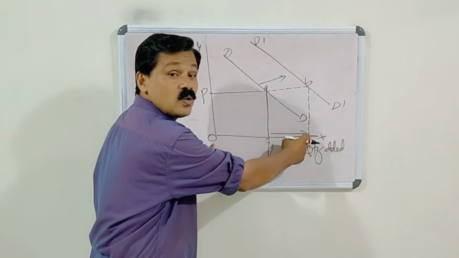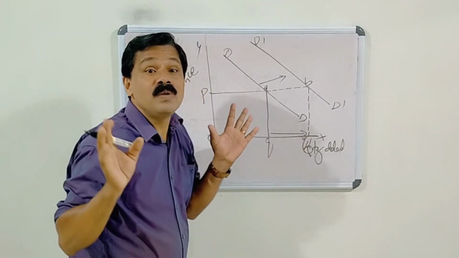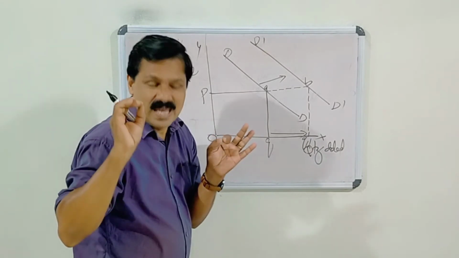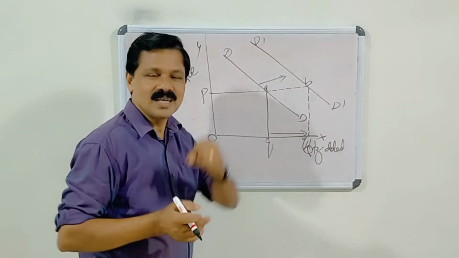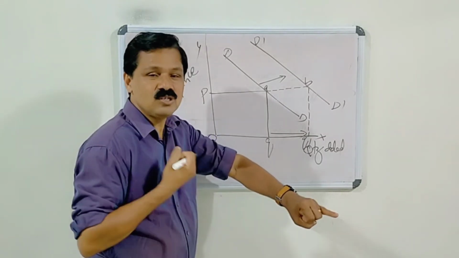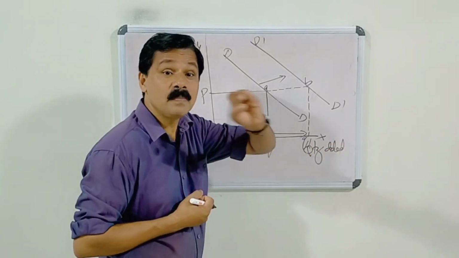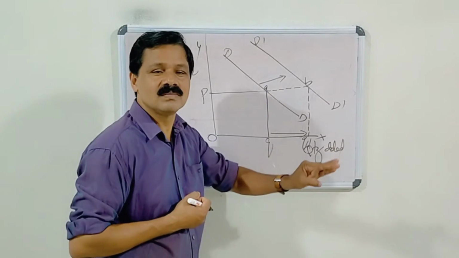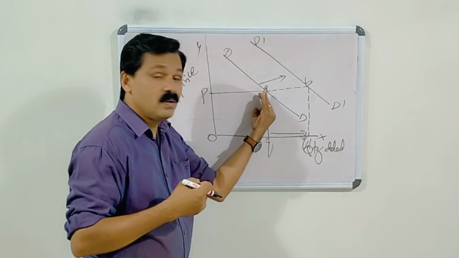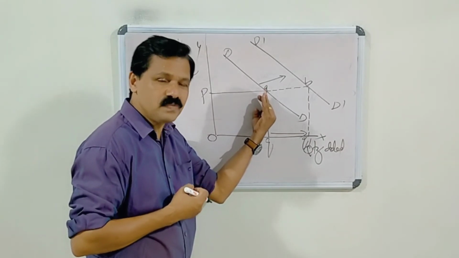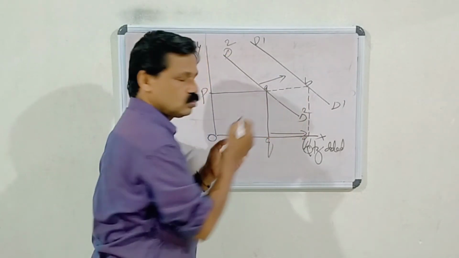And here the quantity demanded of this commodity decreases due to unfavorable conditions of the non-price factors. Like income of the consumer may be decreased by that much, climatic conditions may be unfavorable, and price of the related commodities may be changed, etc. This causes downward or backward or leftward shifts of the typical demand curve D1D1 to D2D2.